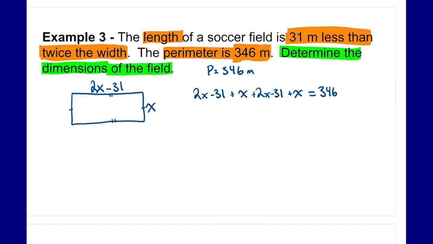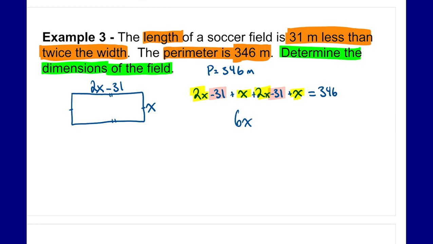So this looks very similar to one of the collecting like terms questions that we've done before. I can simplify this equation by collecting my like terms. I have x terms, and I have numbers. So I can go through and collect those like terms. 2x plus x plus 2x plus x is 6x.